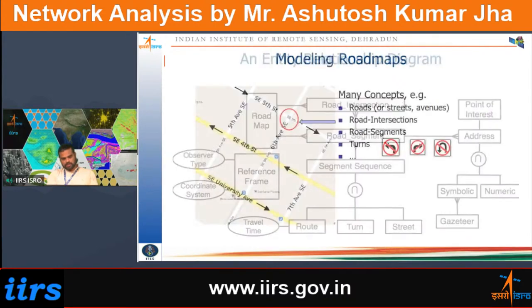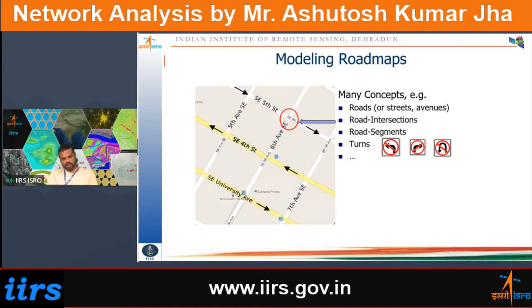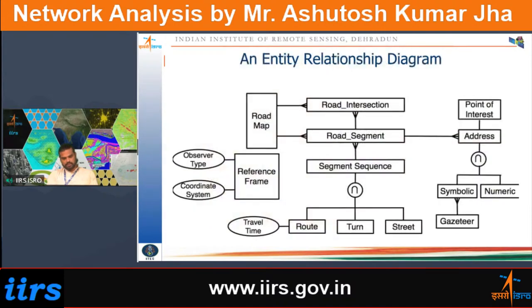Those are basically the conceptual relationships, so we know that the road segment, line segment, and so on are there. In terms of the entity relationship approach, this is just one of the examples where the roadmap may have a lot of intersections. Those road intersections may consist of multiple segments, and each segment will end up with a particular route, or it may link to a node, or it may also connect to another street.